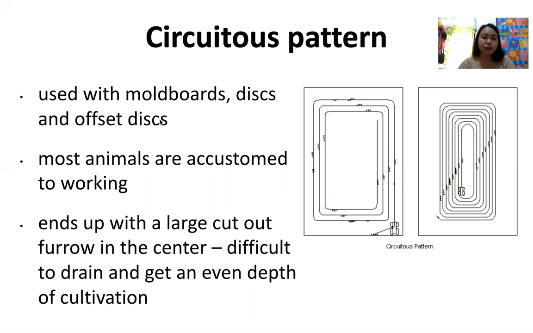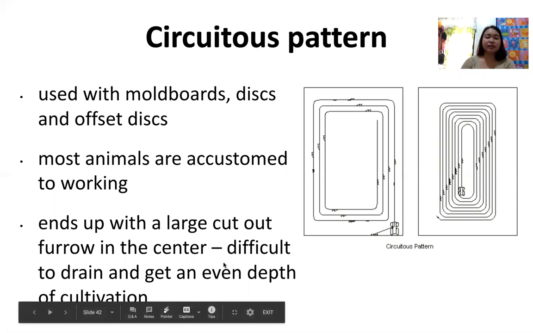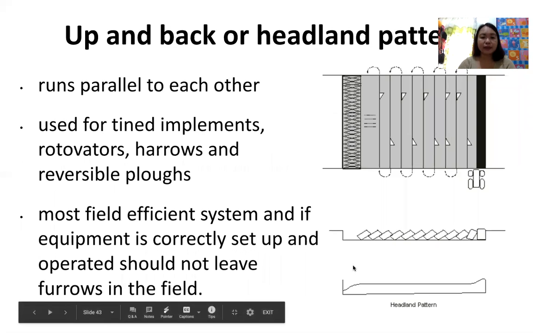This is used with moldboards, disc, and offset disc. Most animals are also accustomed to this kind of pattern. It will end up with a large cutout furrow in the center, and it is difficult to drain and get an even depth of cultivation. So that's the only problem.